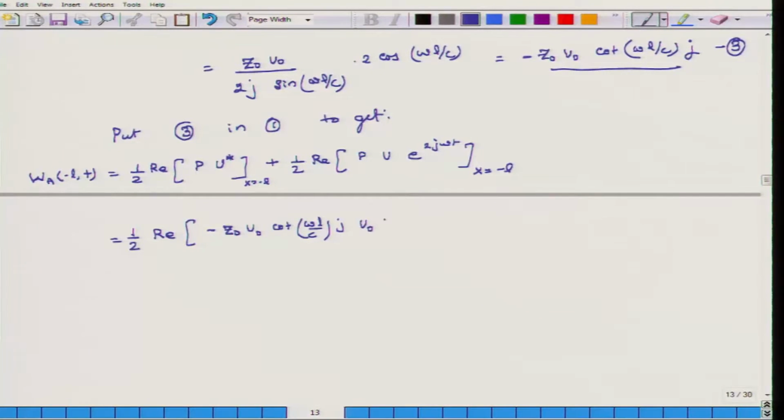So, u naught plus half of real of P evaluated at x is equal to minus L. So, it is minus Z naught u naught cotangent omega L over C times j times u, and value of u is also u naught e to the power of 2 j omega t. Okay.